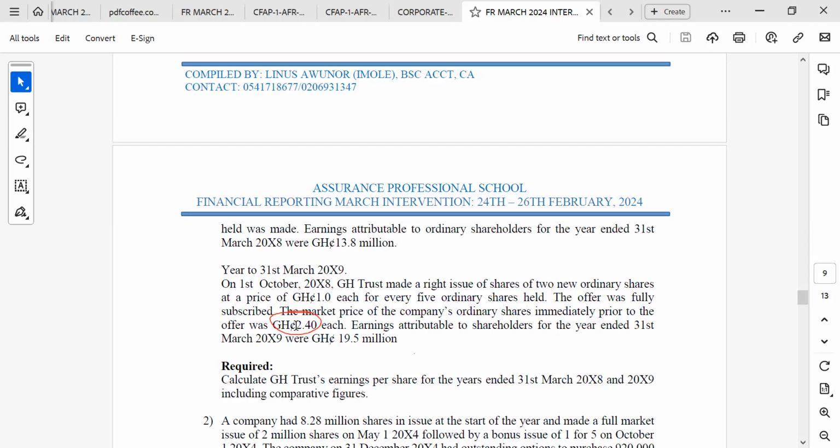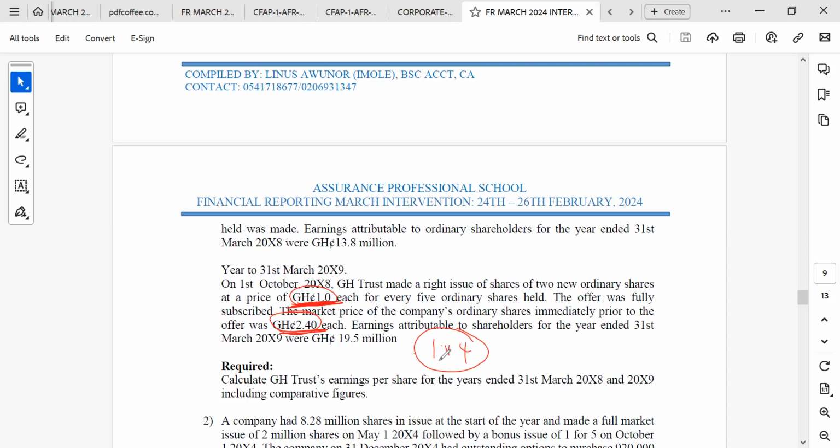The shares were issued at what? 1 cedi. So you can see that we are doing a bonus issue of 1.4. So we are only selling the shares at 1 cedi, but the shares should have been sold at 2.4 cedis. So what is the portion of the shares being subscribed for that is going for the market value? And what is the one that is going for a bonus issue?